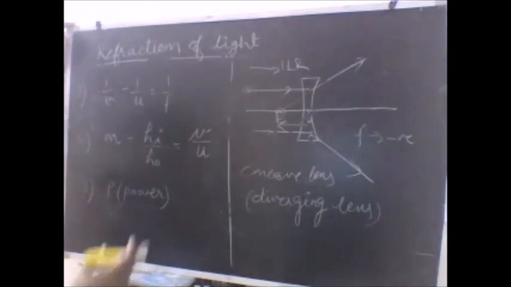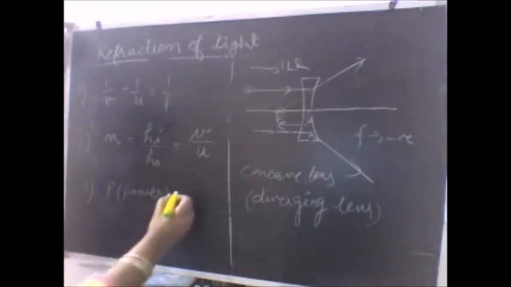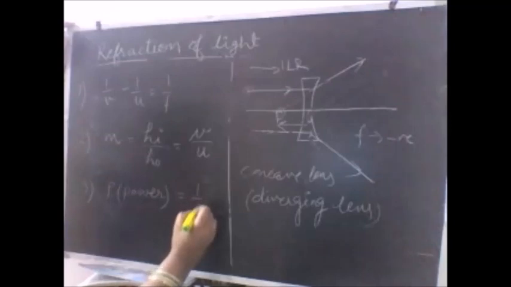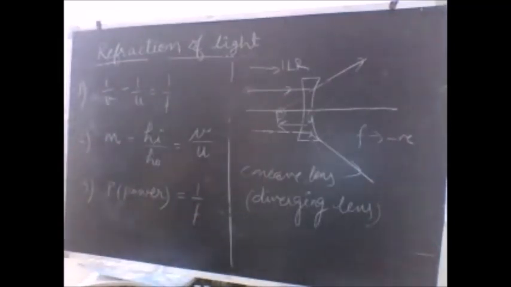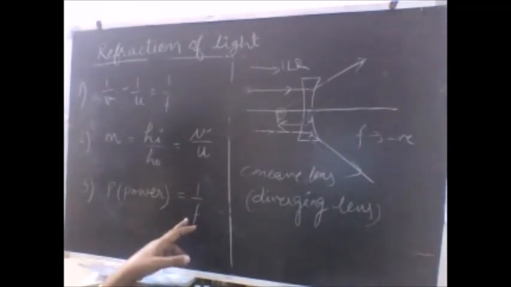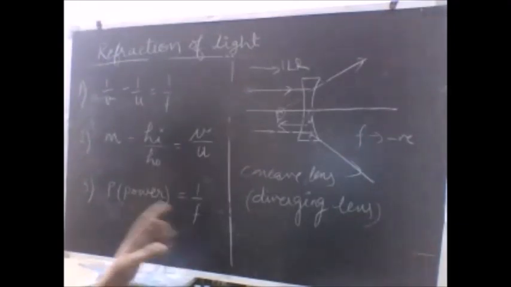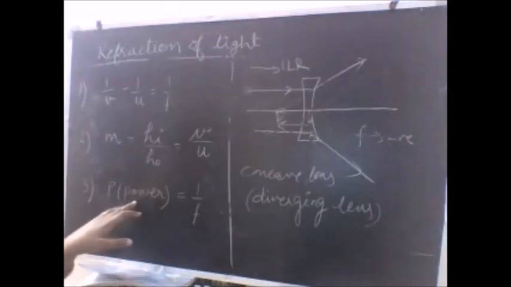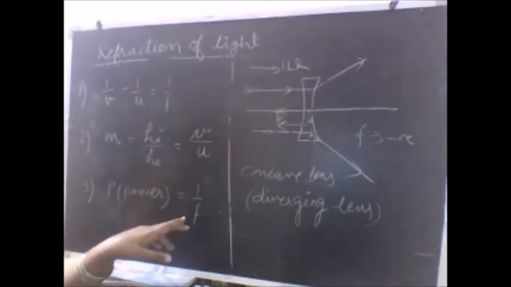So what is this power? The power of the lens is defined as the reciprocal of the focal length. The formula is not the very correct one. For thick lenses, the formula changes. This formula, of course, I can use when we are given thin lenses. So it is a thin lens formula. You are given a single lens which is very thin, and the formula for the power is 1 by f.